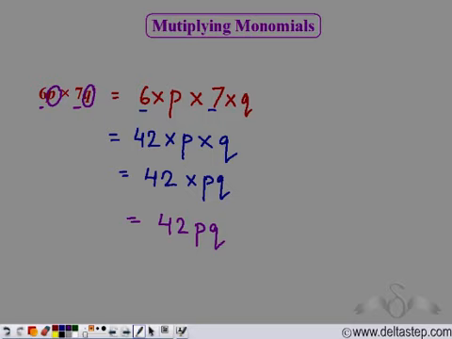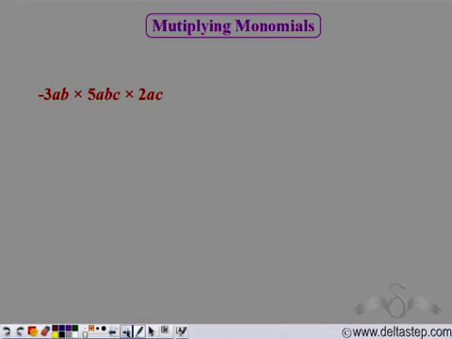Note that for multiplication, it is not necessary to have like terms. 6p and 7q are not like terms. In addition, we require like terms, but in multiplication, it is not necessary to have like terms. Now, in a similar manner, we can multiply any number of monomials. We can multiply 2, 3, 4, any number of monomials similarly. How? Multiply the numeric part of all the monomials and multiply the algebraic parts of all the monomials.